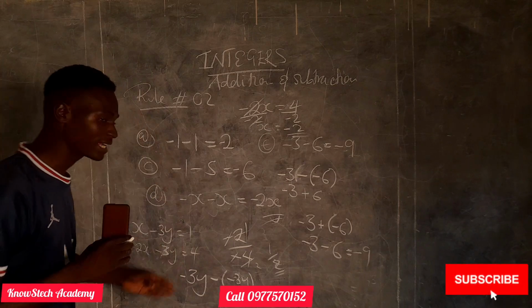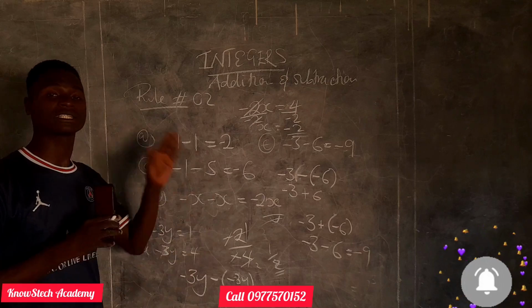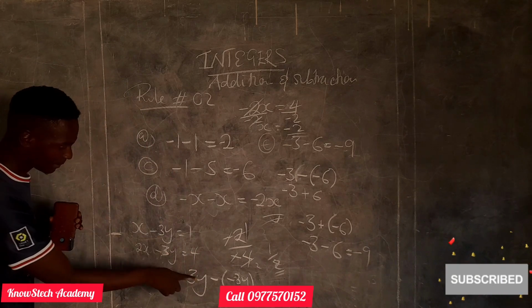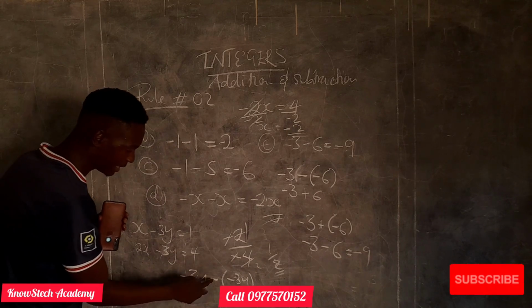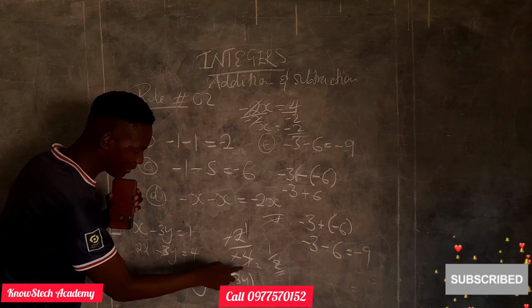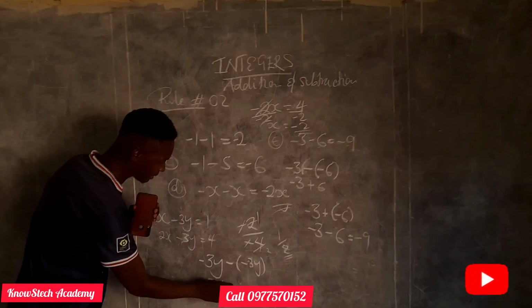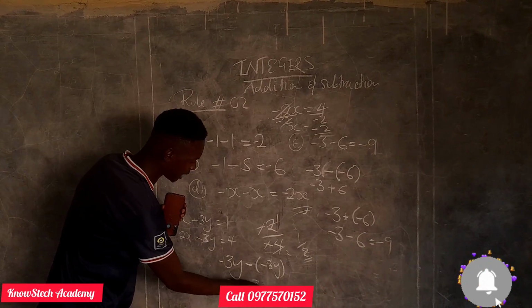No. Understand why we are cancelling. We are cancelling them because it is 0. It's giving you 0. Negative 3y minus negative 3y. Negative times negative, positive, which will be negative 3y plus 3y.